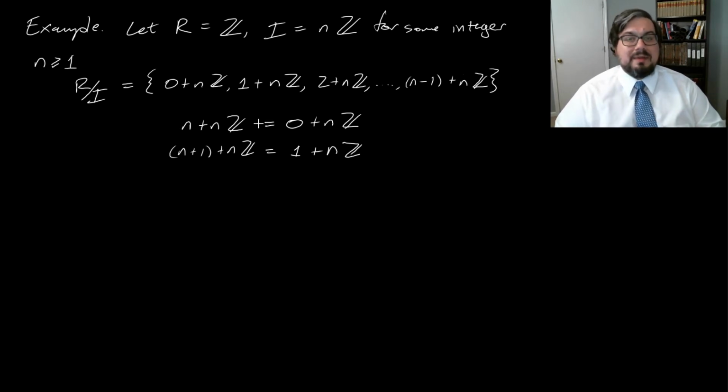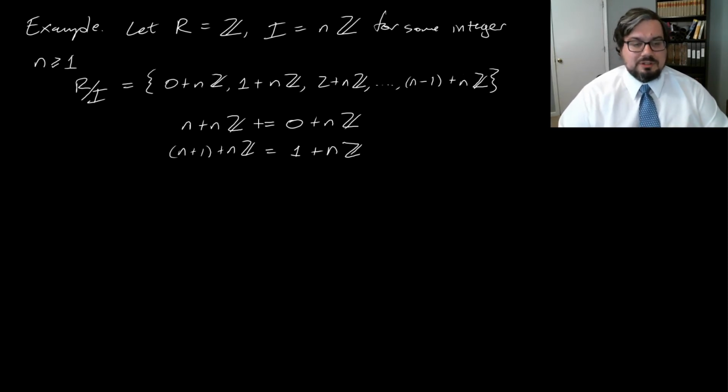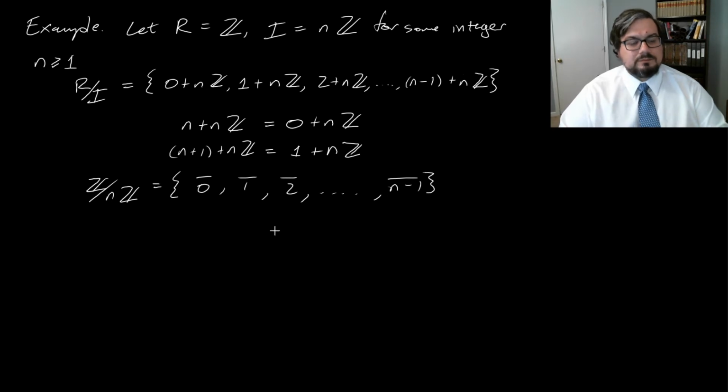This is going all the way back to the beginning of the previous course, when we were looking at congruence modulo n. And so what we see here is that the ring that we get out of this is precisely the same ring that we've been looking at a bunch of times. Now we've usually written it as Z mod nZ, and written it as like 0 bar, 1 bar, 2 bar, up through n minus 1 bar.